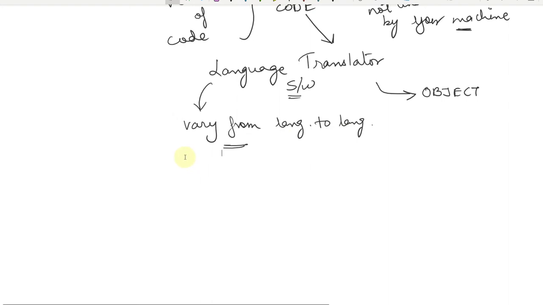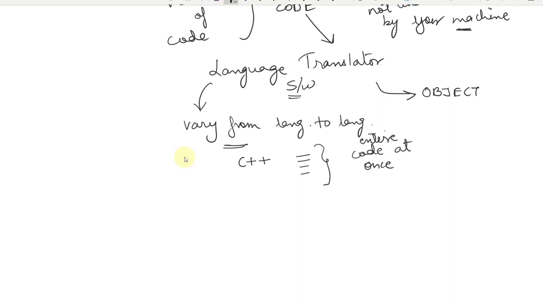There are certain languages, for example, the language C++. When we write the code in C++, this language translator will translate the entire code at once into the machine code, which is your object code that we were talking about.